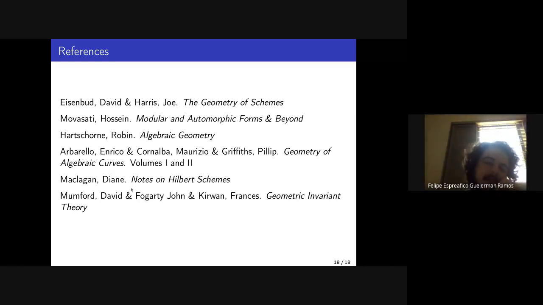It's a nice reference. And I also put here Hartshorne's book, a classical book in algebraic geometry that can be used to consult about schemes and these general facts of algebraic geometry.